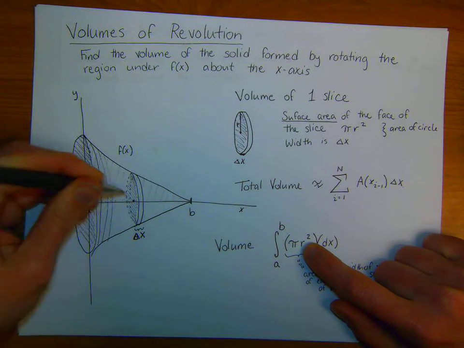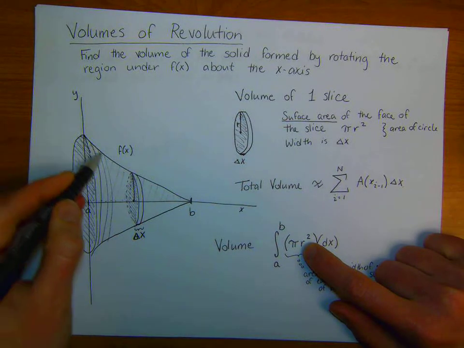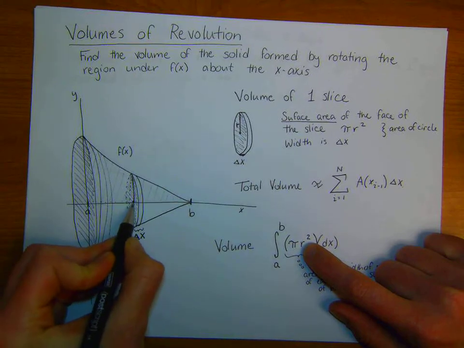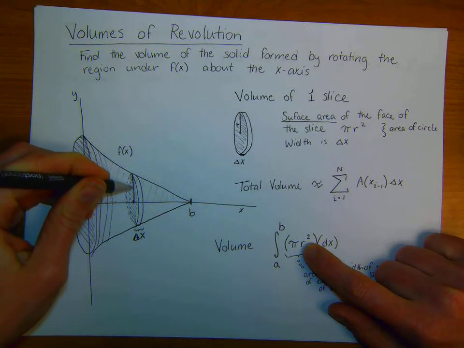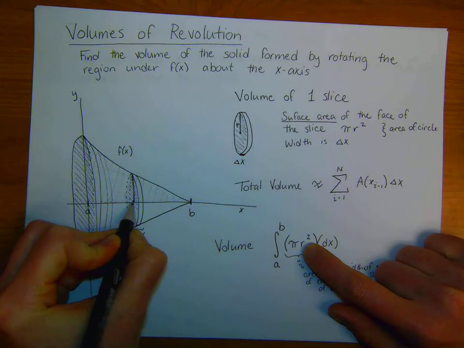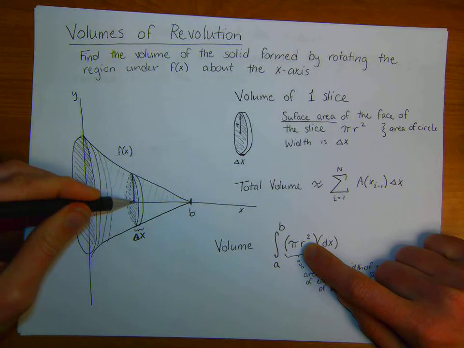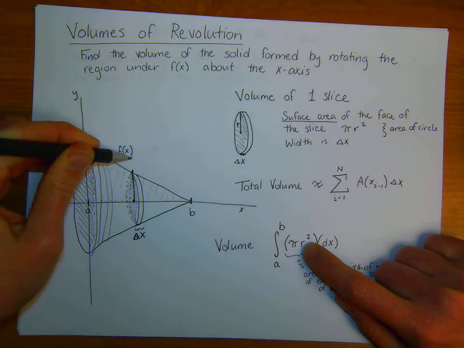And looking at the picture on the graph, we see the radius of each circle is changing. The radius depends upon which x value we're using as the base. And in this case, the height at each given x value is given exactly by this function. That's what a function does: with an input of x, my output up here is the height along this function.